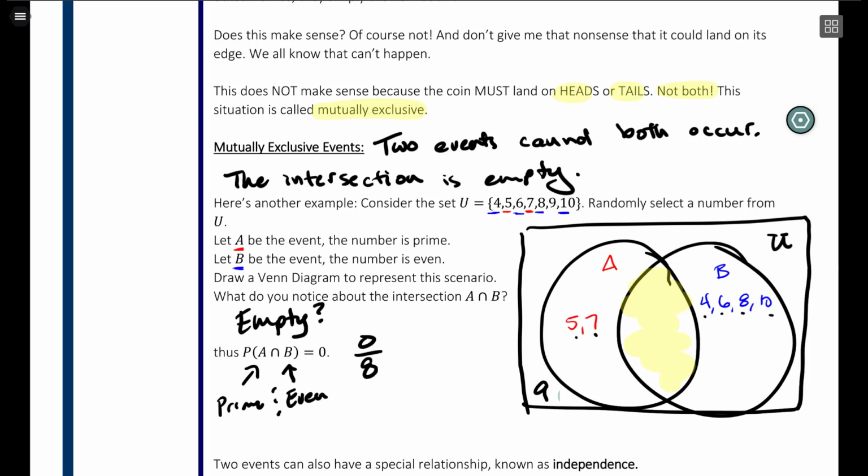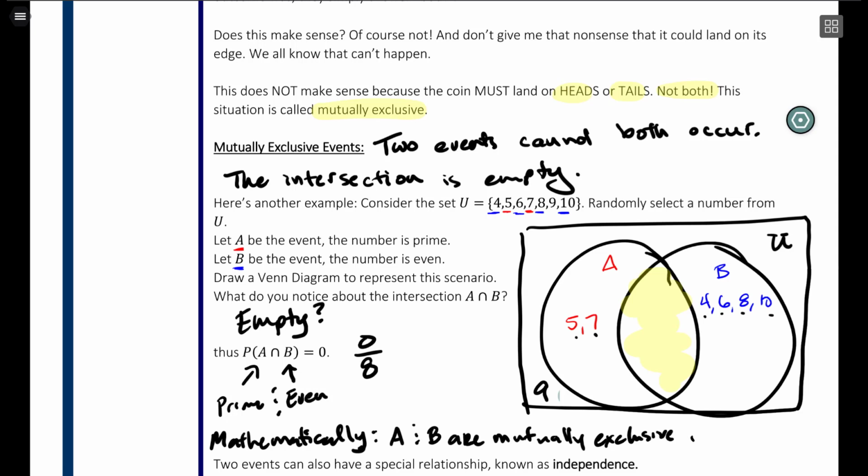And this is our mathematical definition of, I'm sorry, not independence, of mutually exclusive events. So mathematically, A and B are mutually exclusive if P of A and B equals 0. And that is our formal mathematical definition of mutually exclusive events.